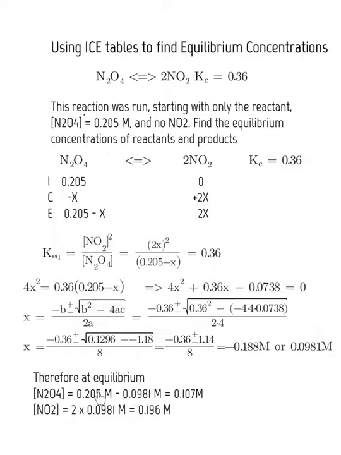Therefore, at equilibrium, the N2O4, which is our reactant, if we plug in 0.205 minus X, which is the 0.0981, we would get 0.107 molar. And then if we look at our product, we're going to multiply 2 times X, which is 2 times the 0.0981, would give us 0.196 molar. So these are equilibrium concentrations.